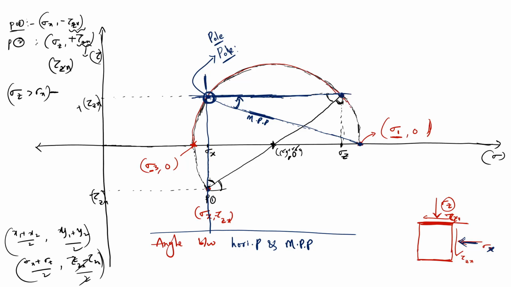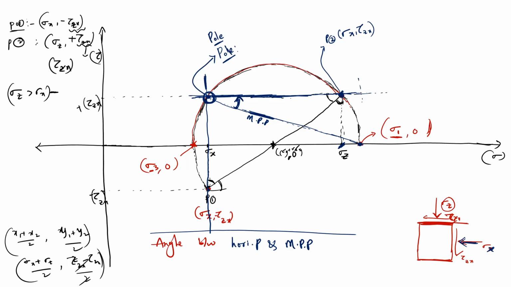This point is actually the P2 point representing sigma x comma tau zx. To find this angle, you know this height, so I'll extend this triangle.